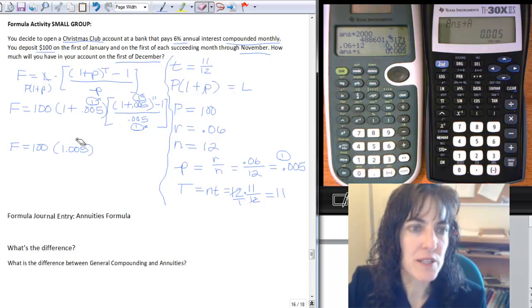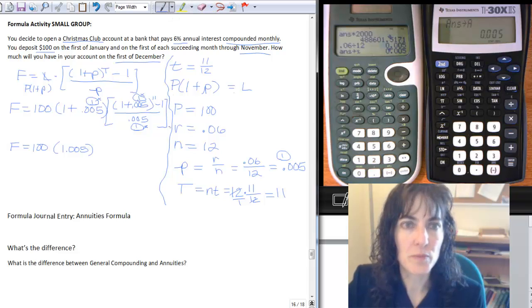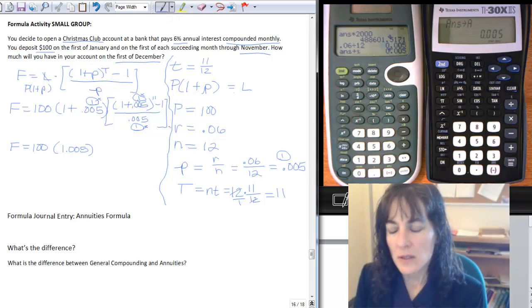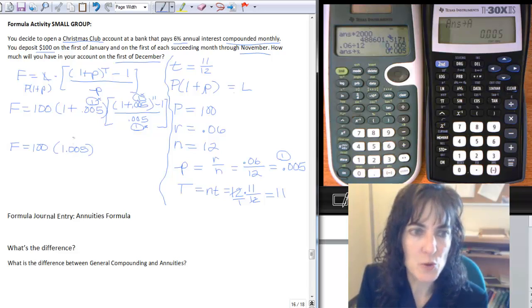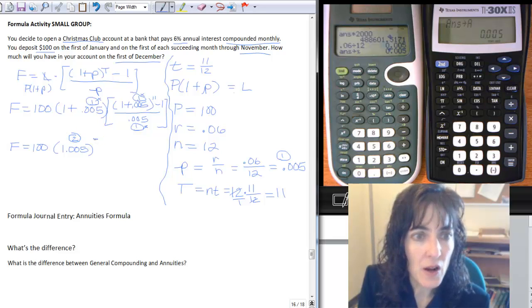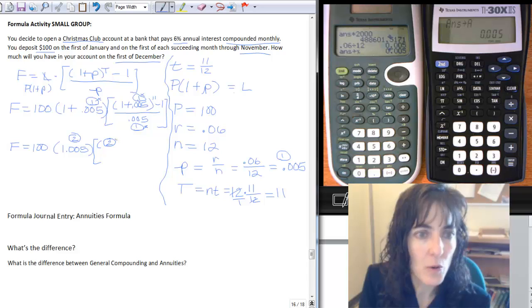I might want to store this in bin 2. So I probably would want to store this because it would be a long decimal in bin 2 or in bin Y. And then multiplied times the quantity, again, this will be bin 2 or bin Y, and raised to the 11th power minus 1 over, and this is in bin 1.